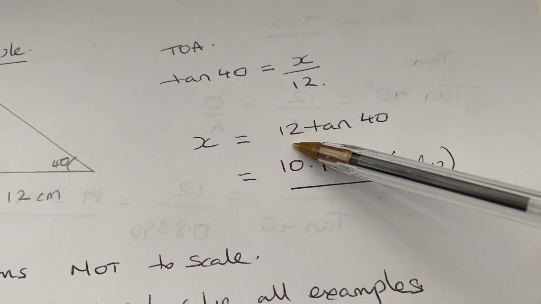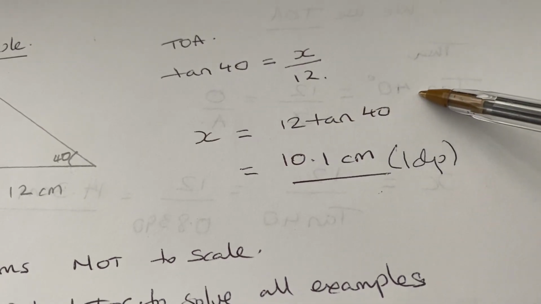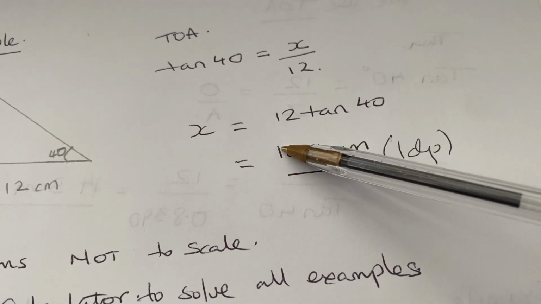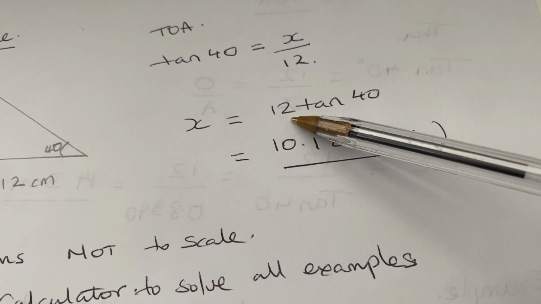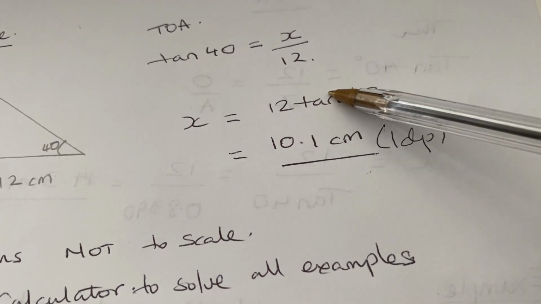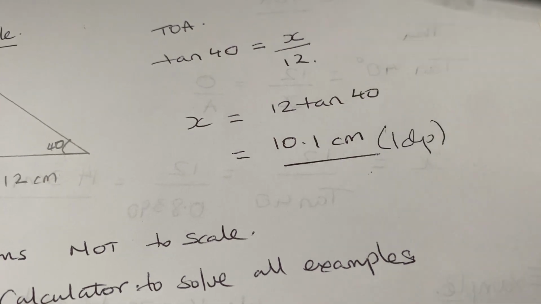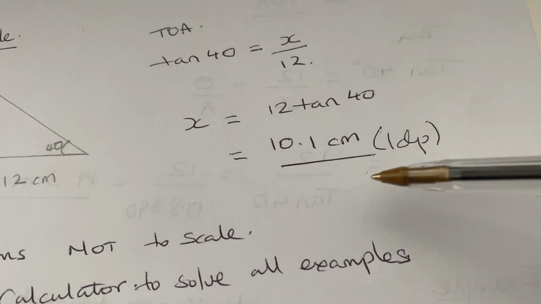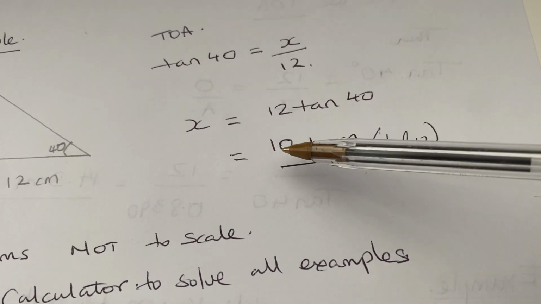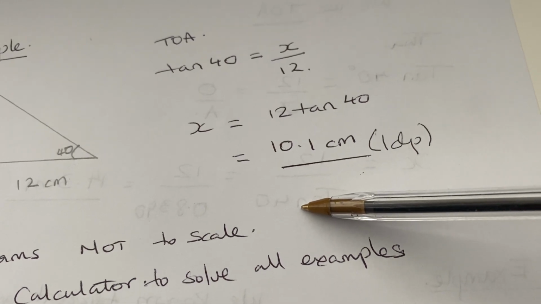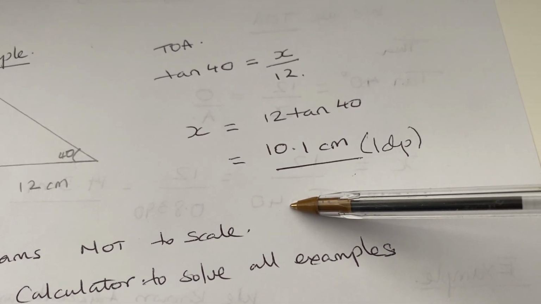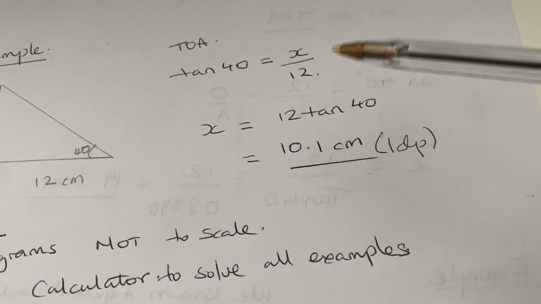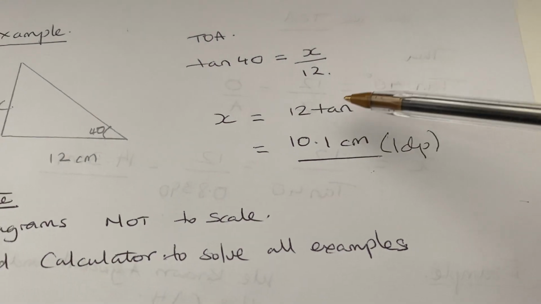On the calculator, do tan 40 multiplied by 12, or if you know how to use your calculator, you just key in 12 tan 40, and it will give you your answer to one decimal place, unless it asks you otherwise, like leave it to the nearest whole number, two significant figures, etc. Just keep it simple, one decimal place.